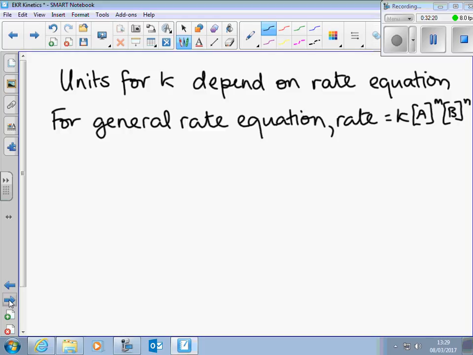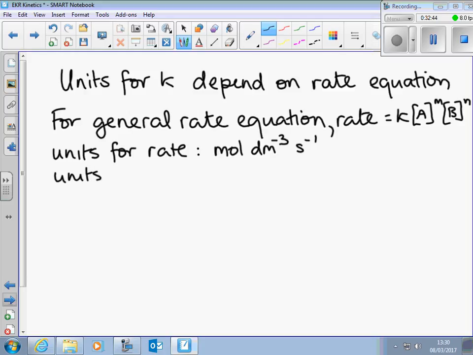What you've got that you know already is that the units for rate we know. On the left-hand side, we've got moles per decimeter cubed per second. And we know that the units for concentration, which are on the right-hand side, are moles per decimeter cubed.